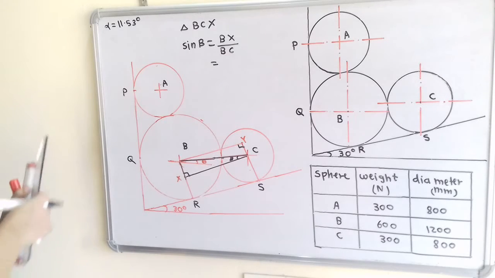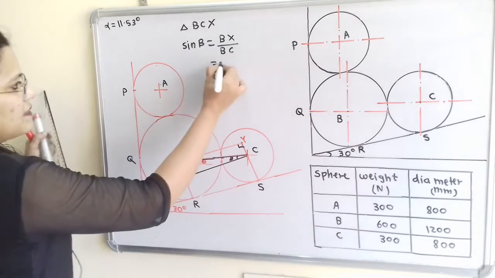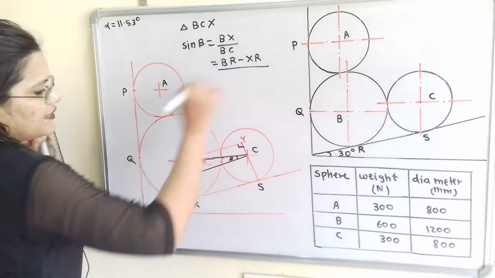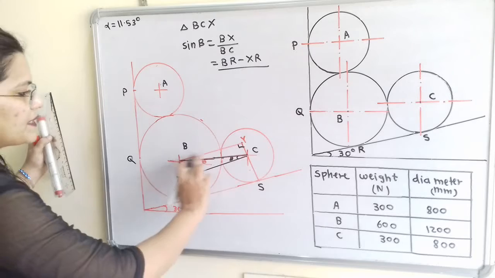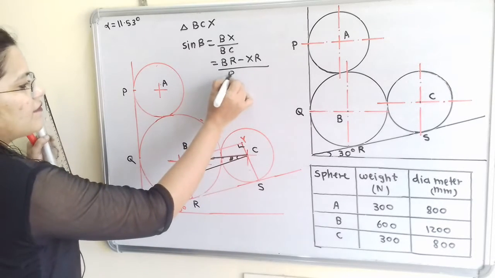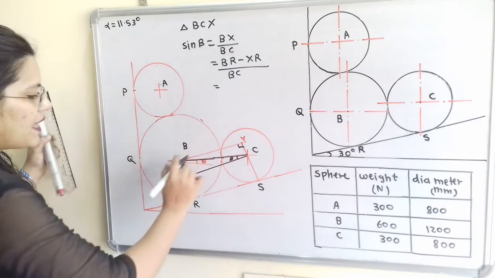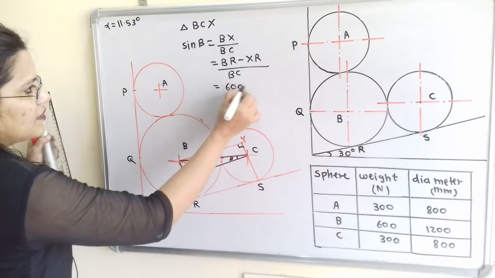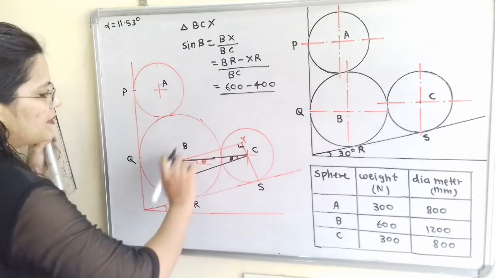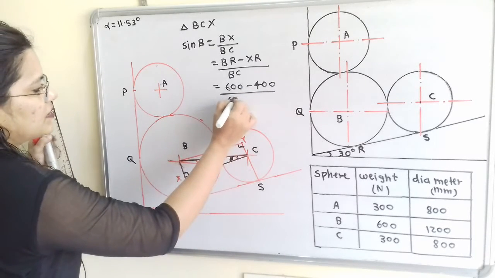So BX I will write BR minus XR divided by BC. So BC is nothing but we have to add the two radii of the spheres. So I will write as it is. Now BR is 600 minus XR is 400 divided by BC, 600 plus 400.